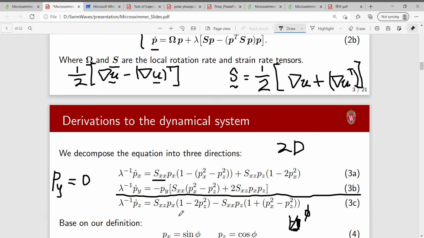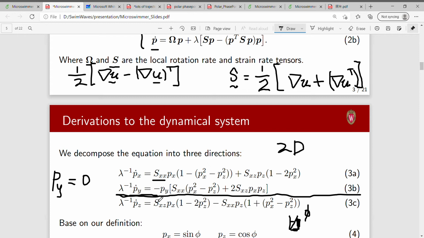We observe that for this 3b, which deals with the y component of the direction. If we start at py equals 0, then it will stay in this direction forever, which means that if we assume there's no motion in the y direction, then there's no y direction anymore.